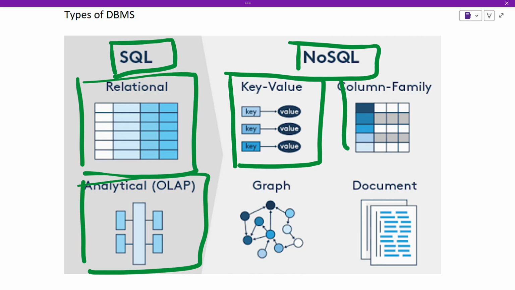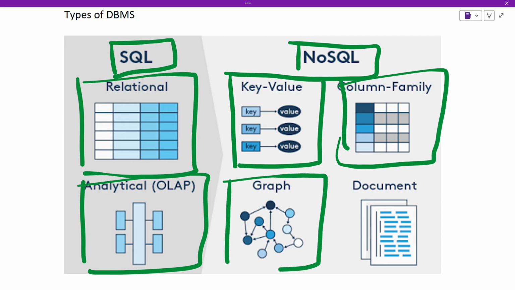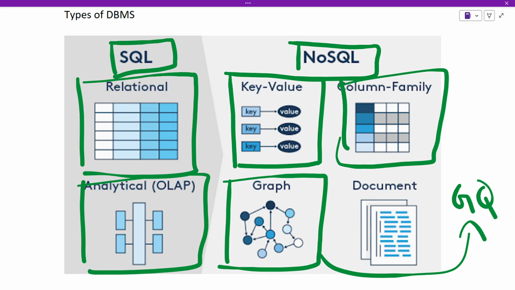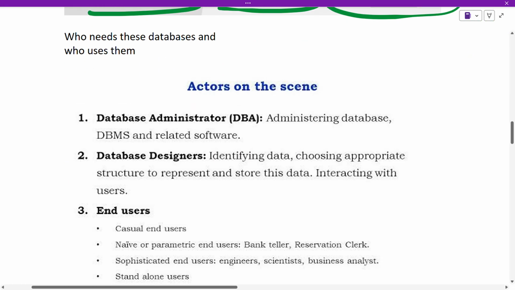And then we have column family. This is somewhat similar, but it allows us to expand the columns. And then we have graph. This is inspired from network databases. We will have all these entities connected as graphs, and there is actually a special language called GraphQL for this. Using GraphQL, we can query on a graph.